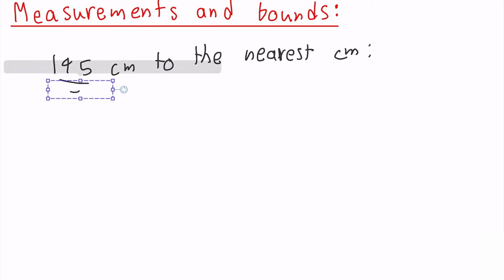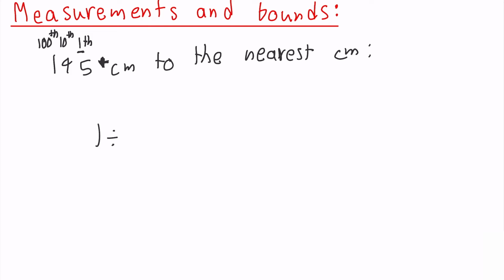So here, 145 centimeters. The first unit from the right is the 1s unit, then the 10s unit, then the 100s unit. So we are going to do 1 divided by 2 equals 0.5.